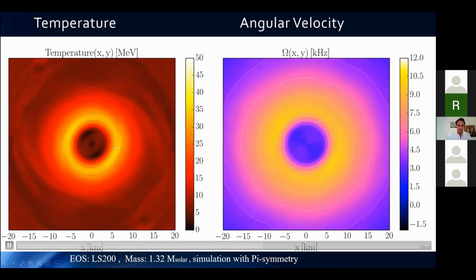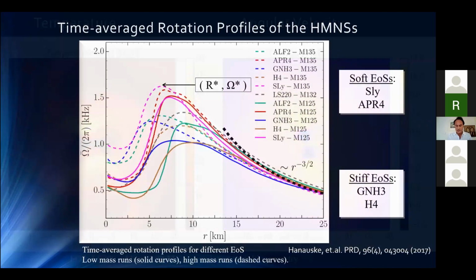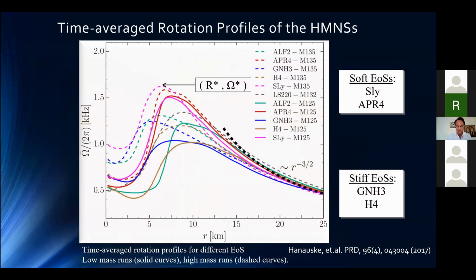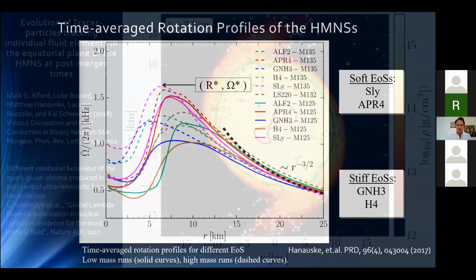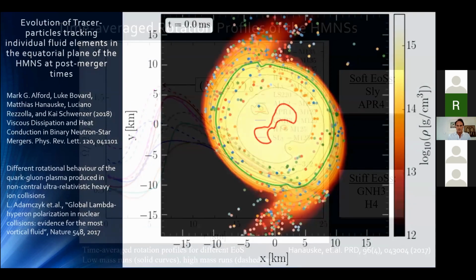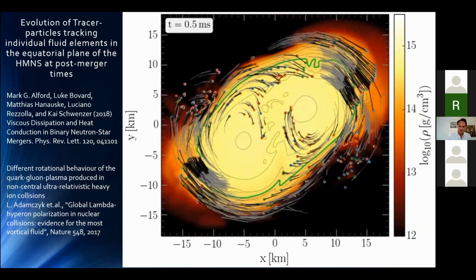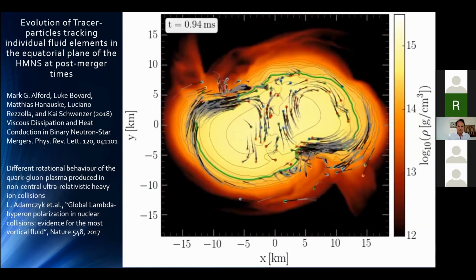We see this kind of differential rotation with a slow rotating inner core and this omega maximum in all of the other equations of state.